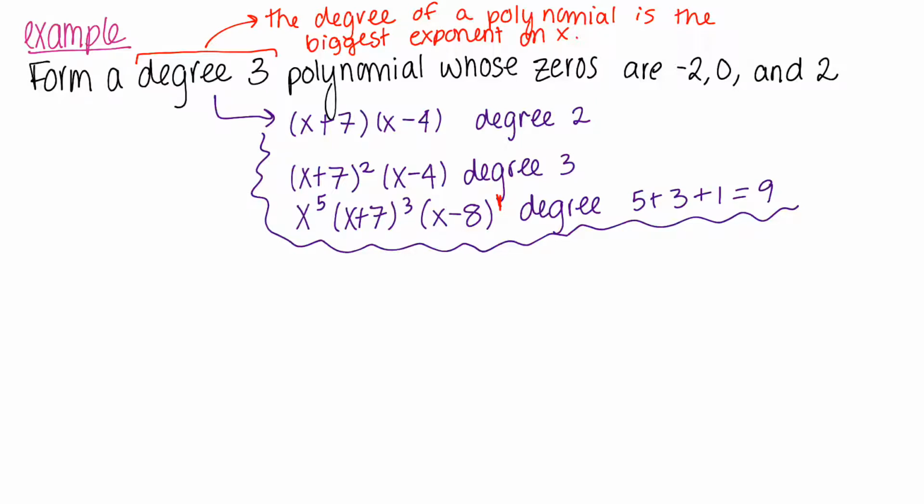So forming a degree 3 polynomial whose zeros are minus 2, 0, and 2, what we need to remember is that x minus the 0 is a factor of the polynomial. And these right here are my zeros.